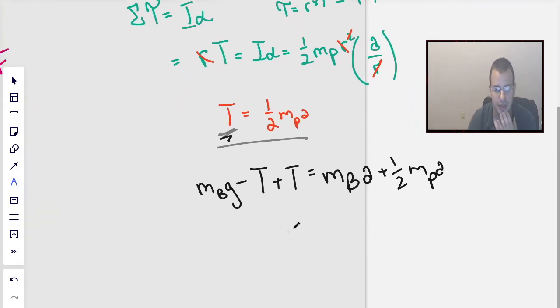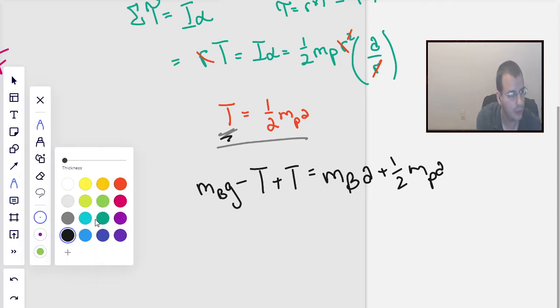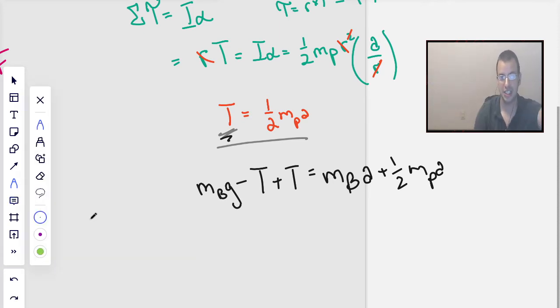So now, at this point, we can see this cancels out. Negative tension plus positive tension, negative T plus T, equals 0.